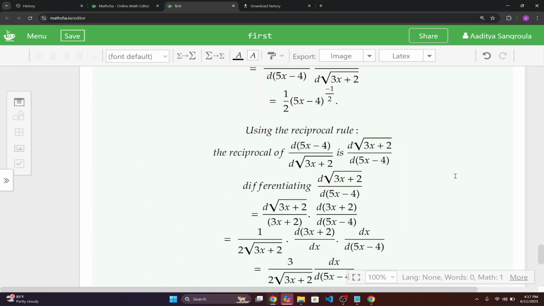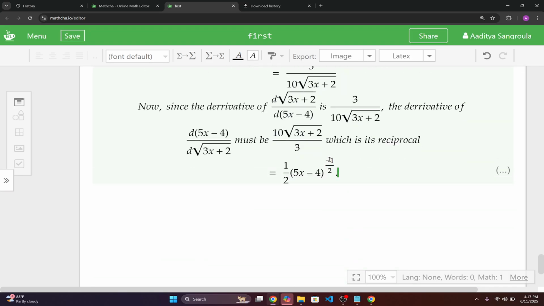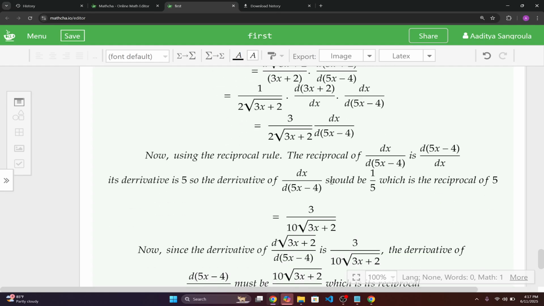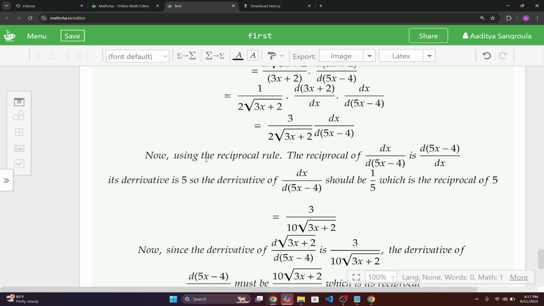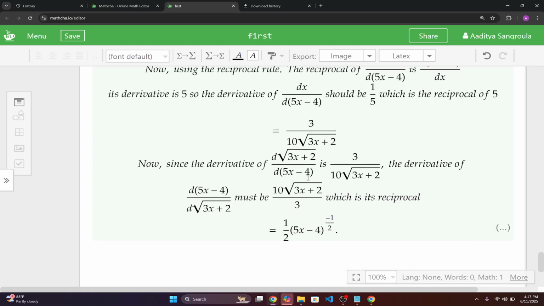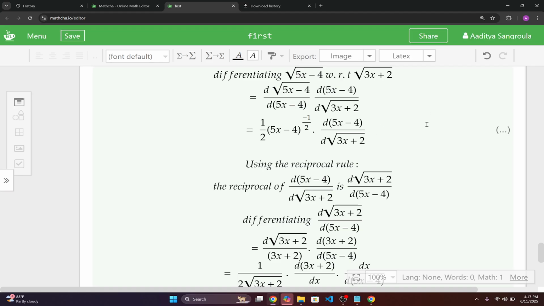So equals to, from here, where did we start using the reciprocal rule? Yeah, from here, I can copy this entire part and keep it just like that.